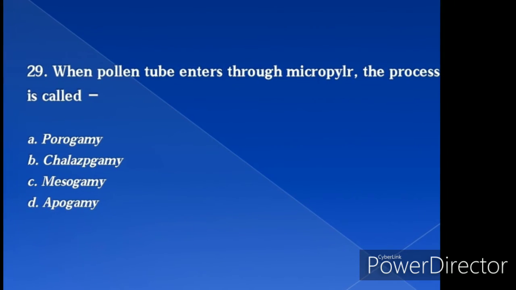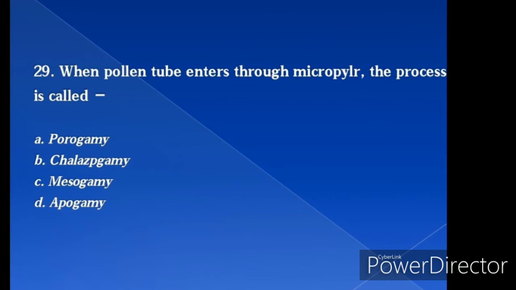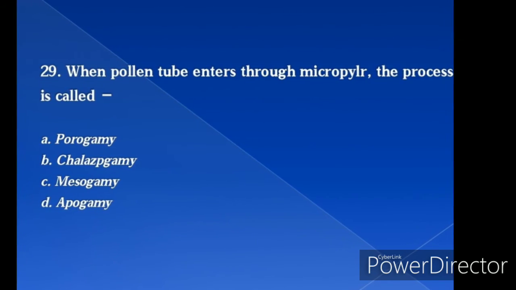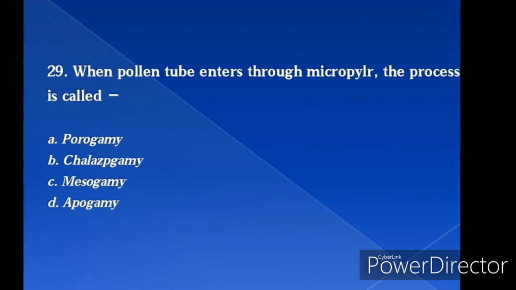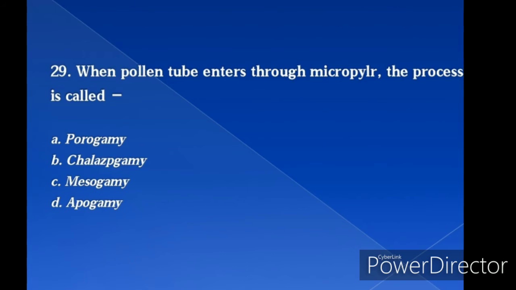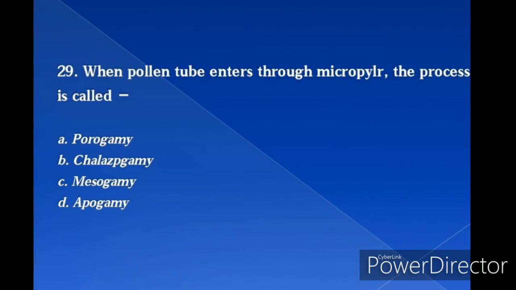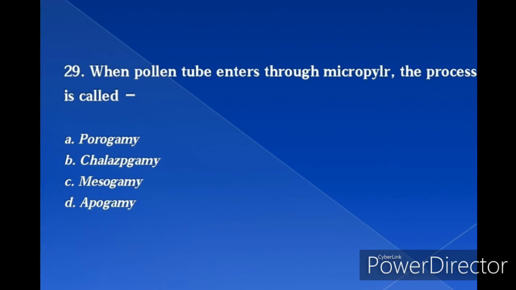When the pollen tube enters through the micropyle, the process is called option A, porogamy, option B, chalazogamy, option C, mesogamy, and option D, apogamy. So the answer is option A, porogamy. See, if the pollen tube enters the ovule through micropyle, it is called porogamy, for example, most of the angiosperms.